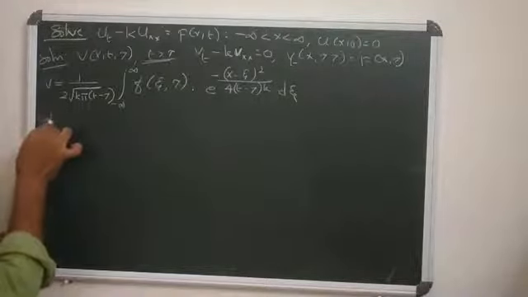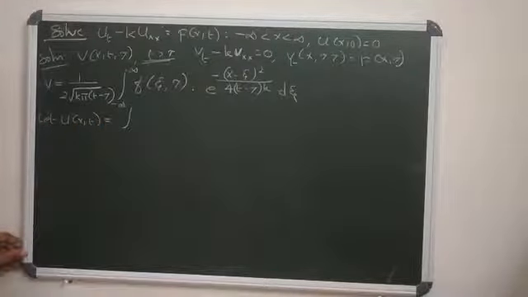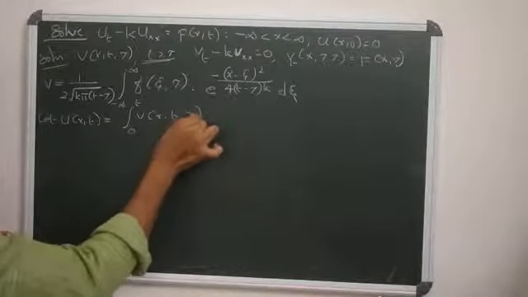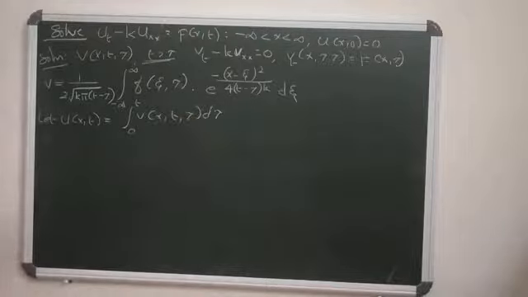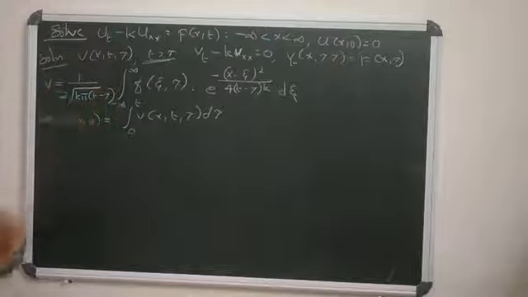So let u(x,t) equal the integral from 0 to t of v(x,t,lambda) d lambda, like the general solution of the Lorentz problem. Okay, Lorentz principle. Where v(x,t) is a solution of v_t minus k v_xx equals 0, or v_t minus k v_xx equals f of x,t.